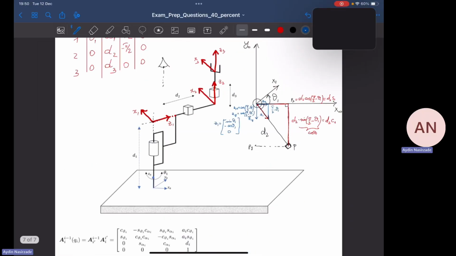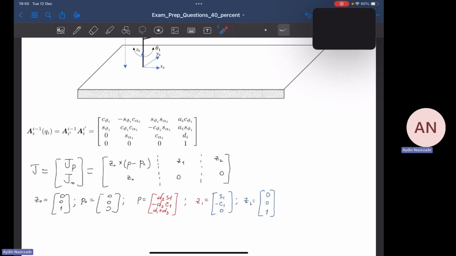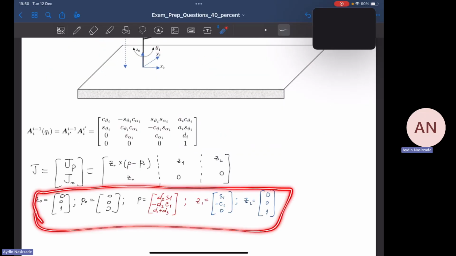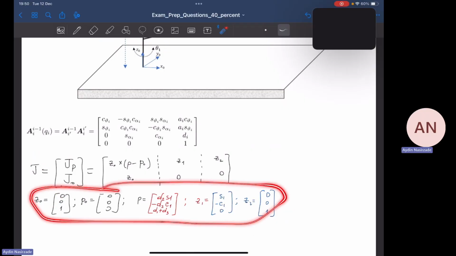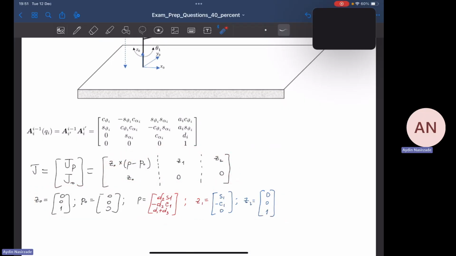I think we are good to go. According to these vectors, I can find J by substituting these values into this matrix. So as a result, J is going to be a 6 by 3 matrix: D2 C1, D2 S1, 0, 0, 0, 1.